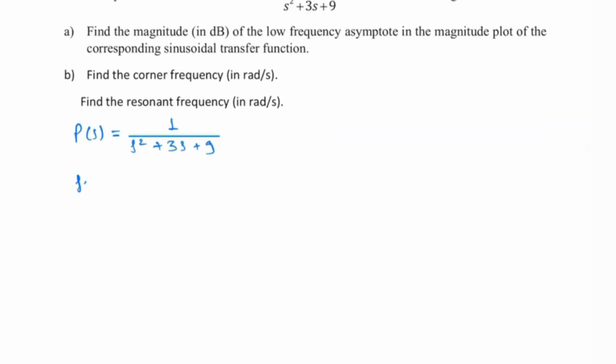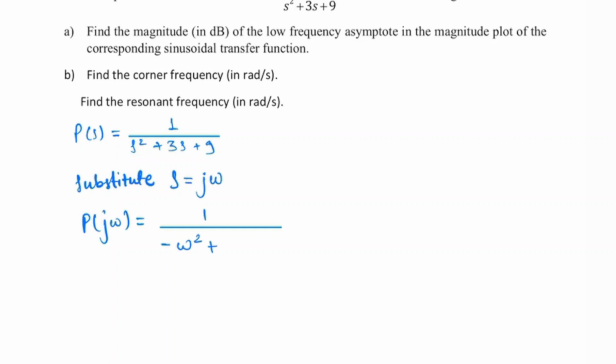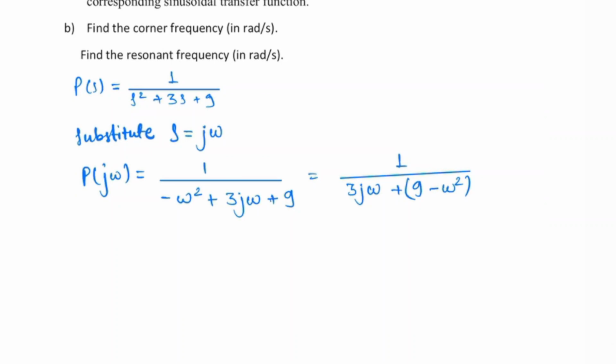So if we substitute s equals j omega, we would get P of j omega to be 1 over j omega square, so that is minus omega square plus 3j omega plus 9. That is the frequency response function.